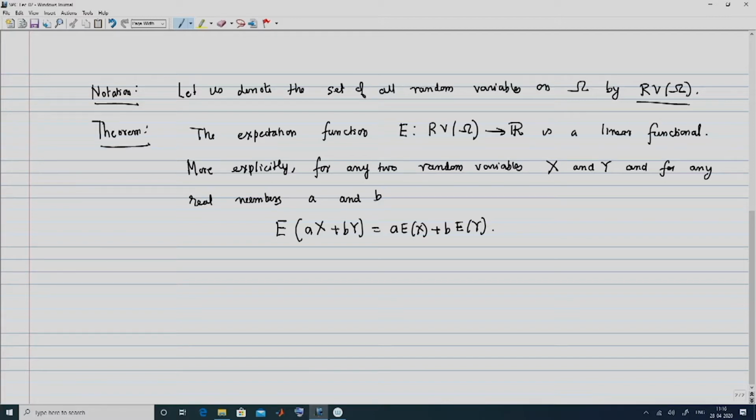Okay, now let us look at a simple proof of this. Accordingly, we have to start off with the random variable X and the values it takes.